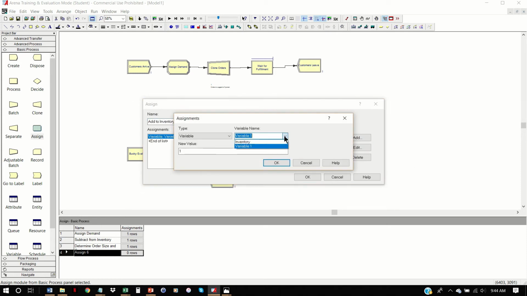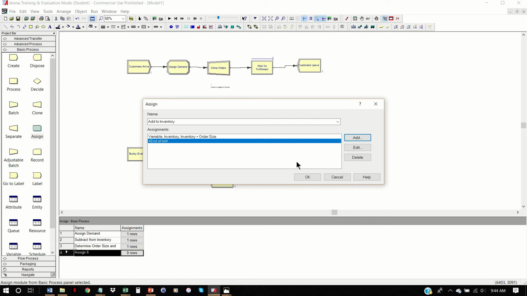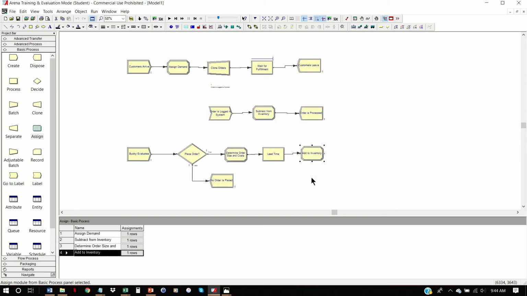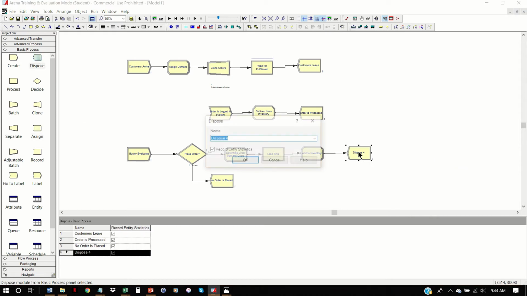The variable called inventory is going to be the previous inventory level plus the order size. And then once it's been delivered, we just exit this part of the system. So we say order has been received.